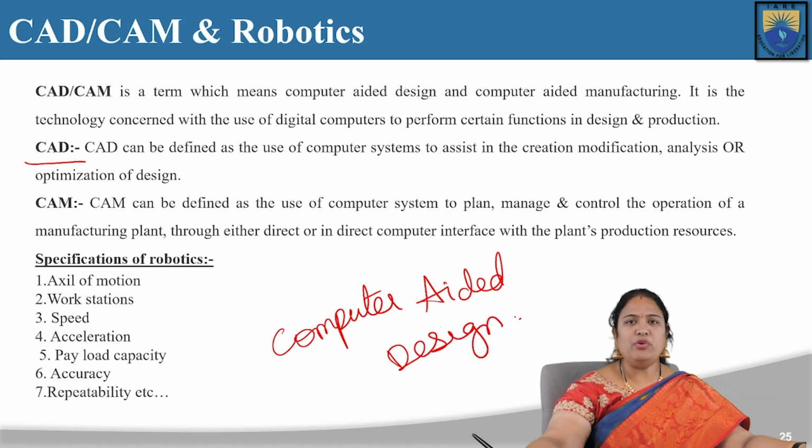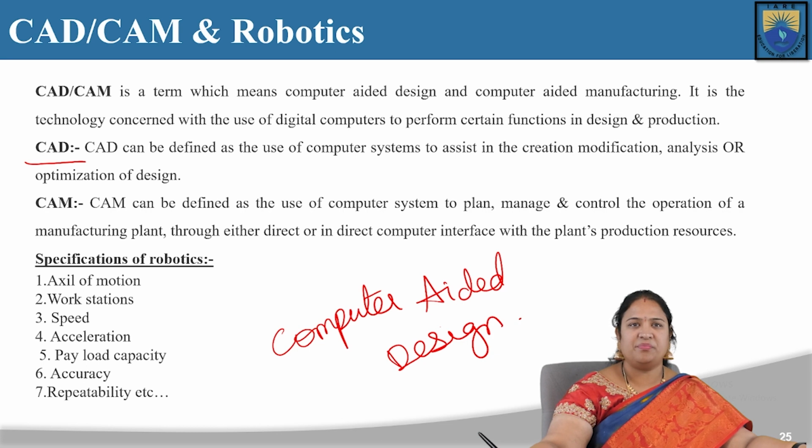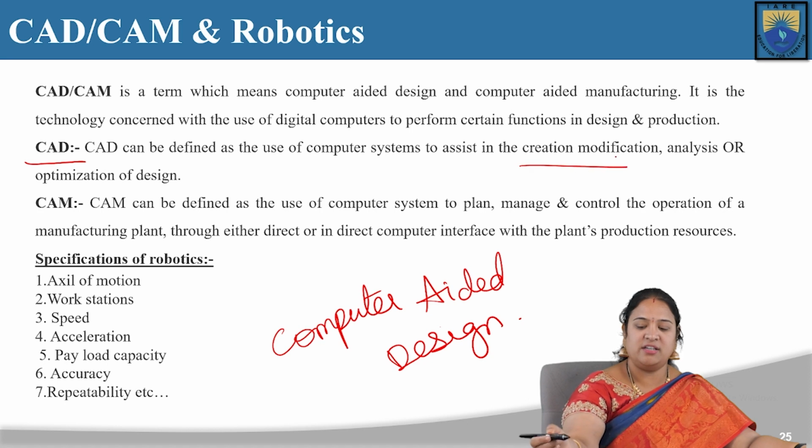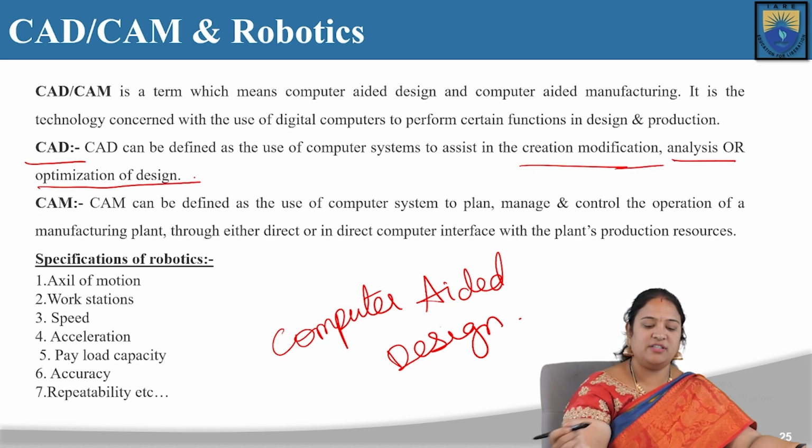What do we mean by computer aided design? CAD can be defined as the use of computer systems to assist in the creation, modification, analysis, or optimization of the design.